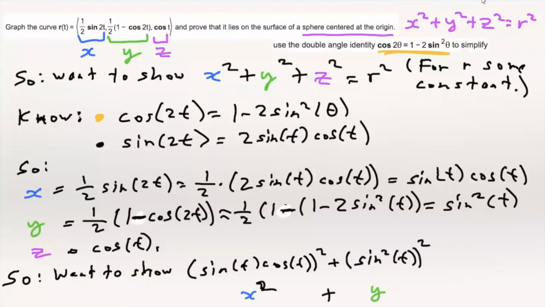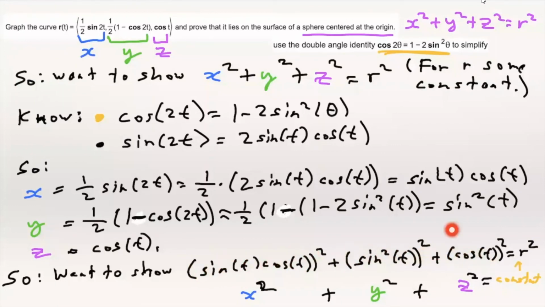That is our y squared. Then plus our z squared, that's plus cosine of t squared. And we want to show that that is equal to r squared, where r squared is a constant. So now this problem reduces to using some trig identities and hopefully getting that this whole thing is constant.